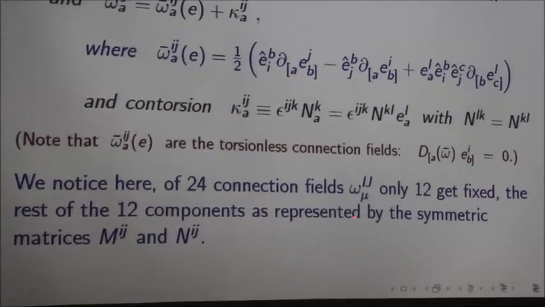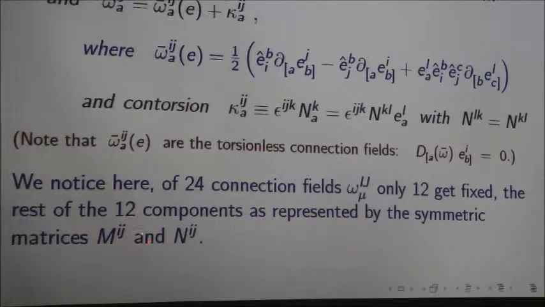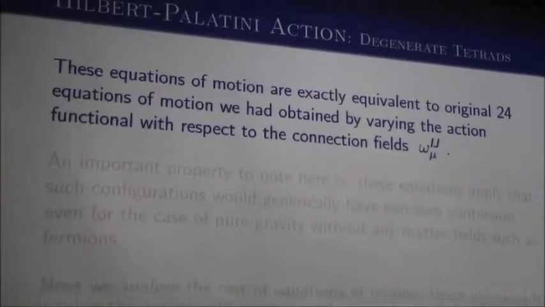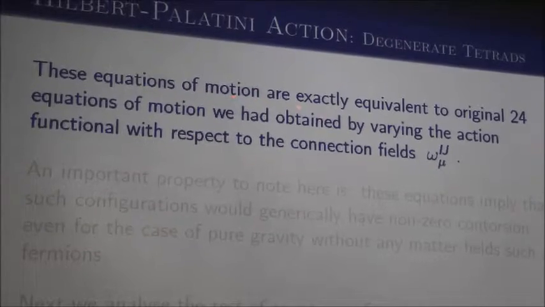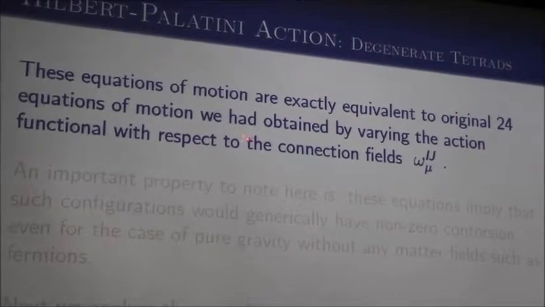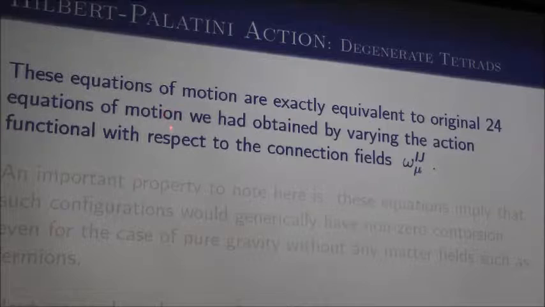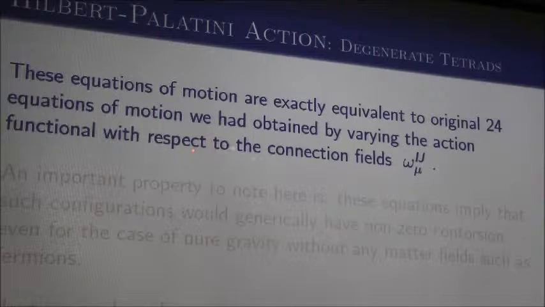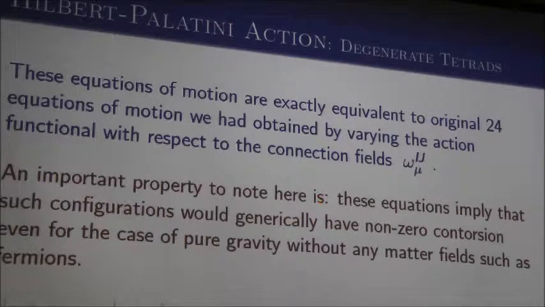The rest of the 12 components are represented by the symmetric matrices M_{ij} and N_{ij}, which are not fixed. Just to reassert, this set of constraints is exactly equal to the original 24 equations of motion for tetrads with one zero eigenvalue. An important property to note is that these equations imply that such configurations would generically have non-zero contortion, even in the case of pure gravity without any matter fields, such as photons.